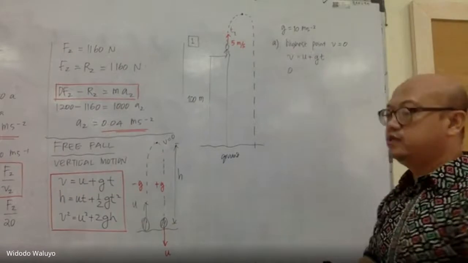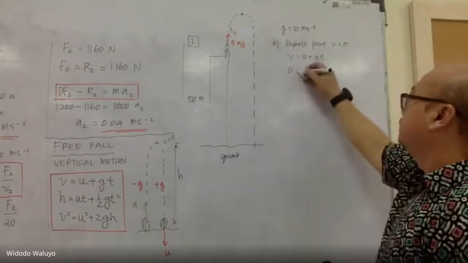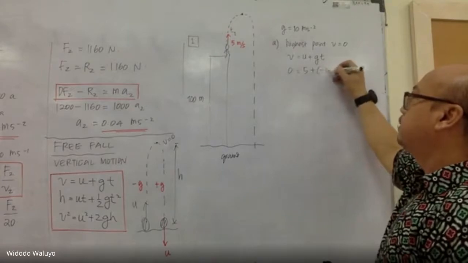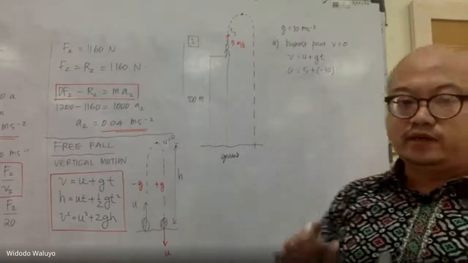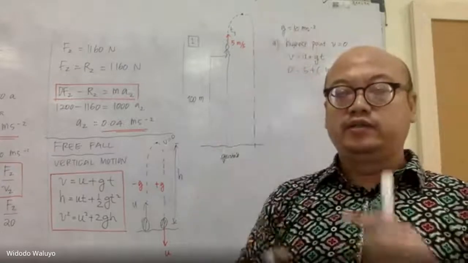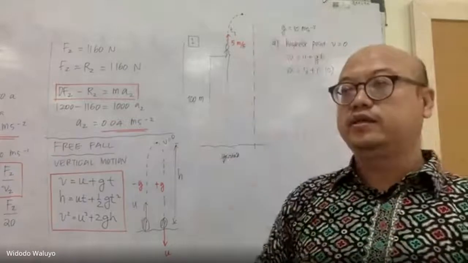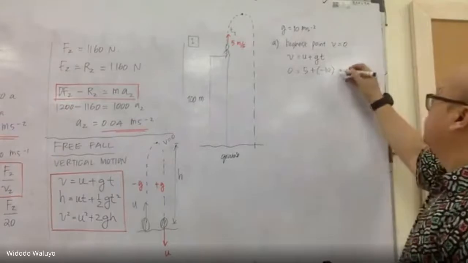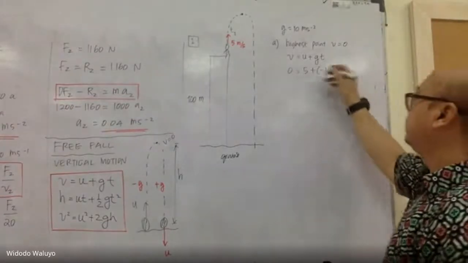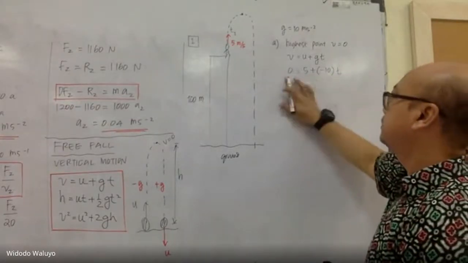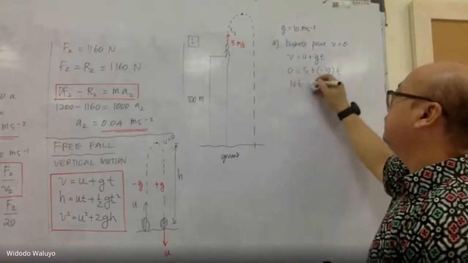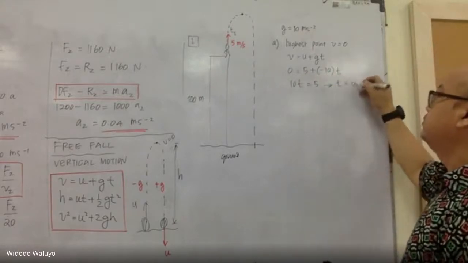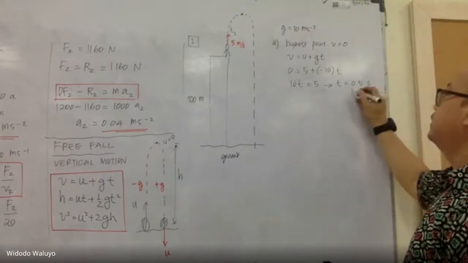Here v is 0, u is 5, plus, but this is negative because it decelerates. When it goes up it decelerates, when it goes down it accelerates, times t. So we can say 10t equals 5, so t equals a half second.